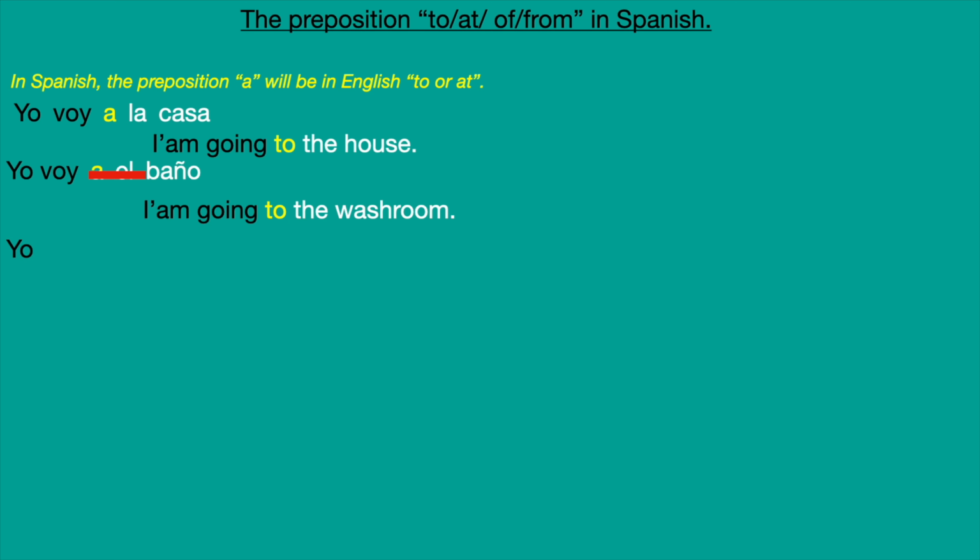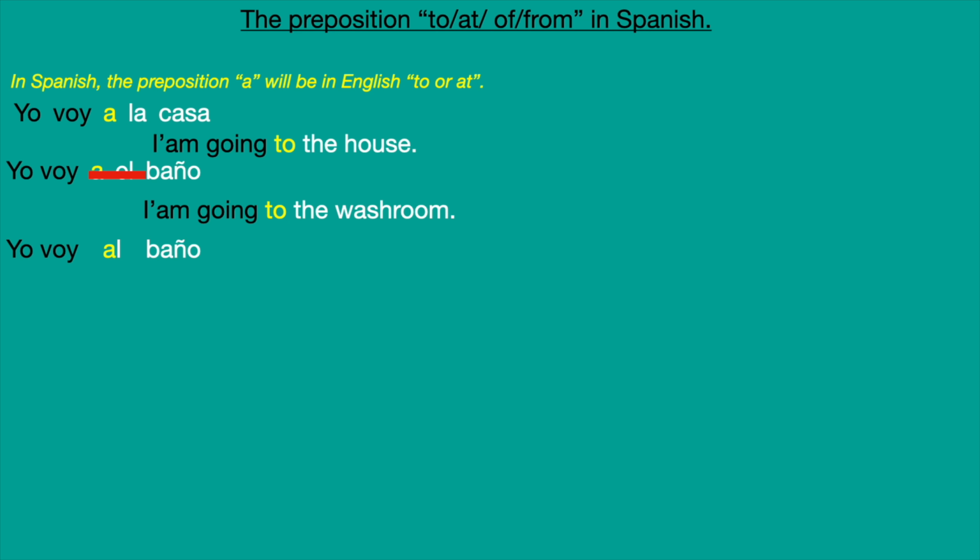So here is what I mean. Instead of saying a el, we are going to say yo voy al baño. So you see, we eliminate a el baño. We put the a and the el together, and so we make al baño. That only happens when we have these two vowels together, the a and the e. So a el baño, we say al baño. There is a contraction there of the a and the el.